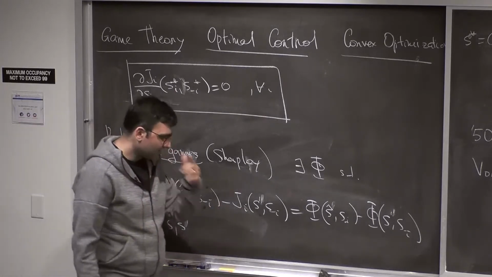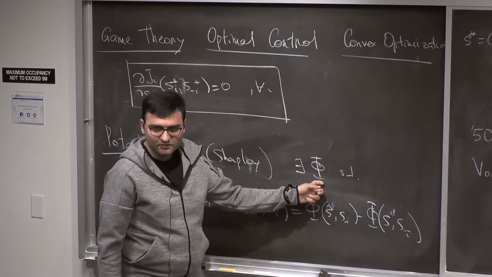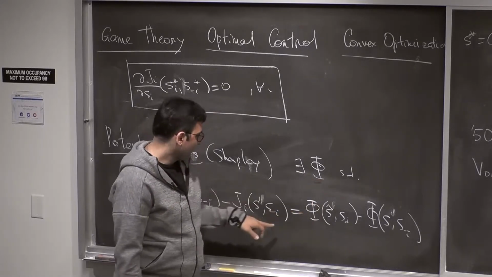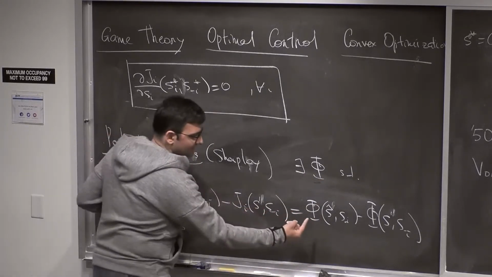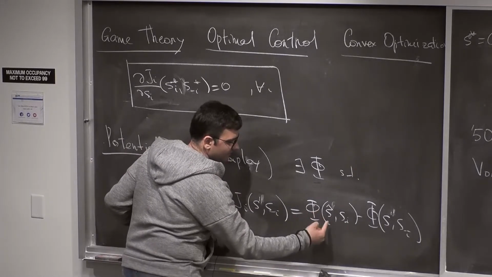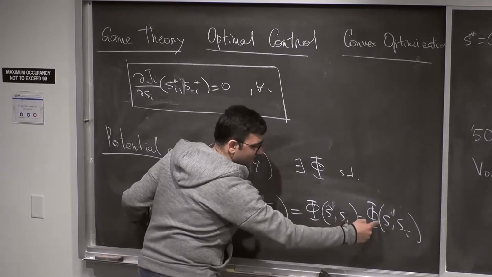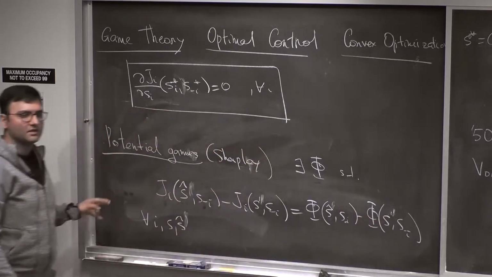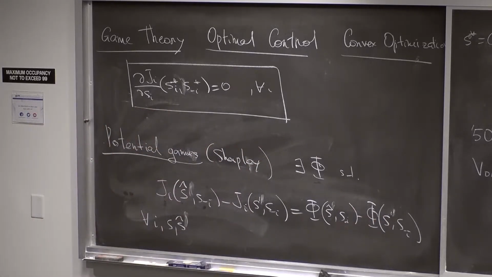Let's suppose that there exists a function phi, which we'll call potential, for which this difference is exactly equal to the difference of the function phi evaluated at the point (S hat, S minus i) and (S prime, S minus i). Is this definition clear?